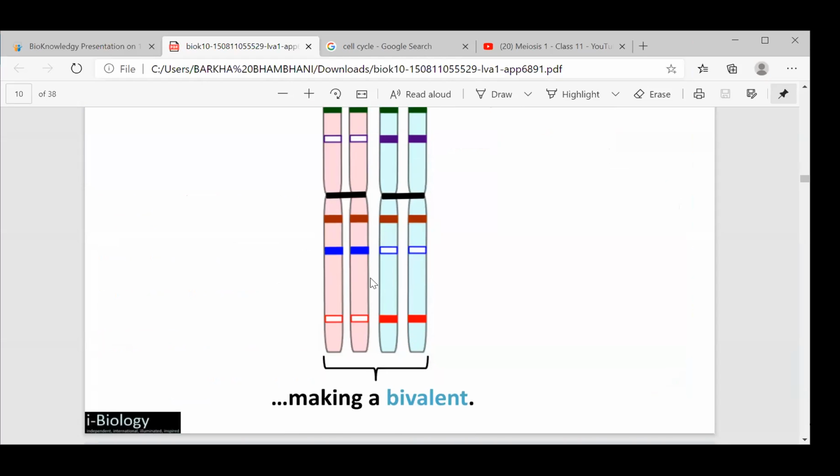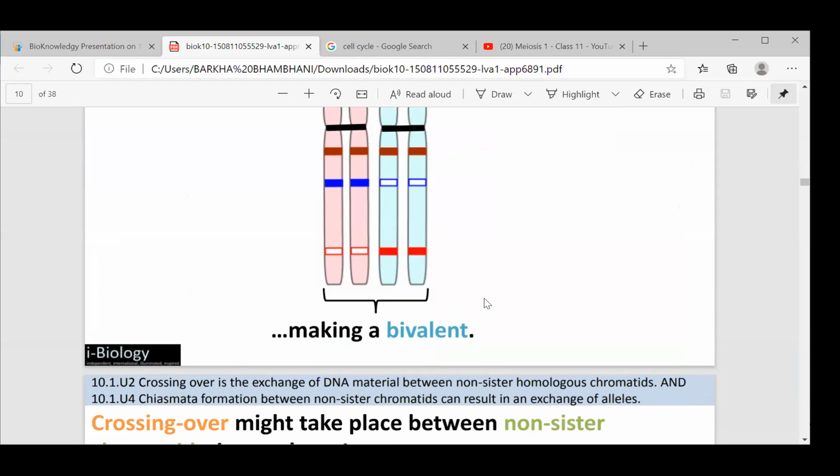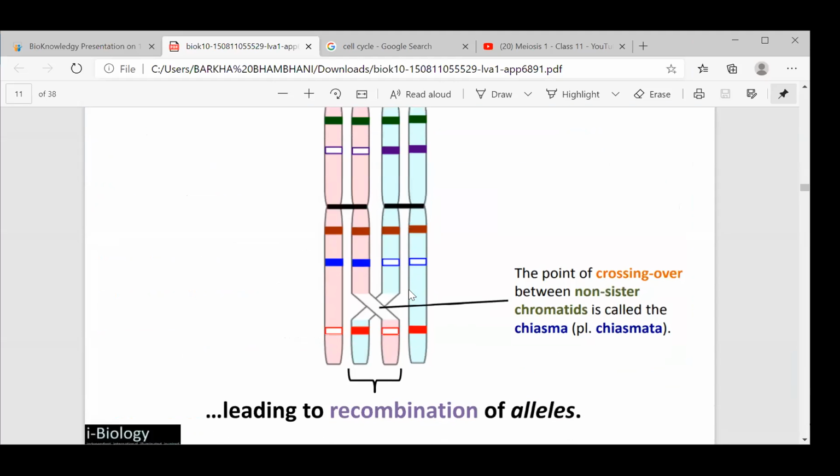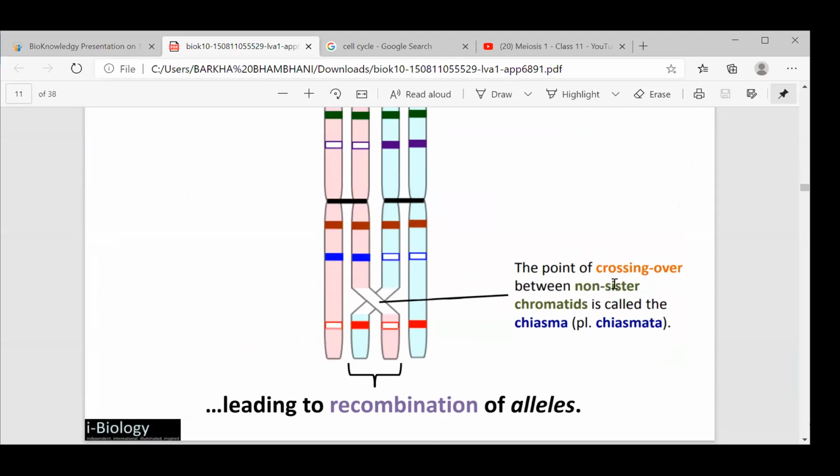Now these are the bivalents which are formed, but here they have not shown the crossing over, but it is only when the crossing over is taking place that they will form a bivalent. Please remember that. So these are the bivalents which are formed. So the point of crossing over between the non-sister chromatids is called chiasma. Okay, or there would be many chiasmata taking place.